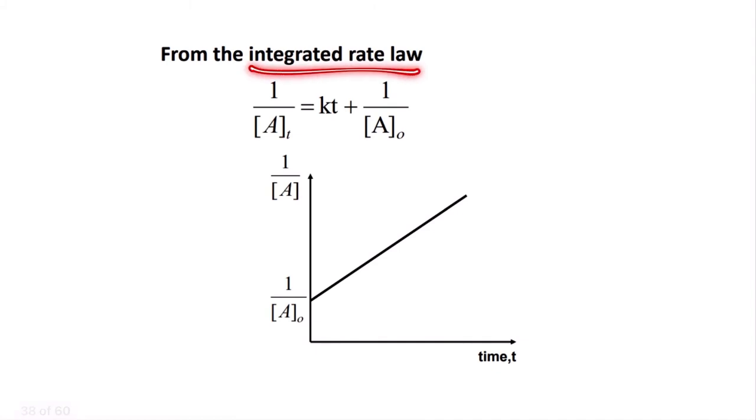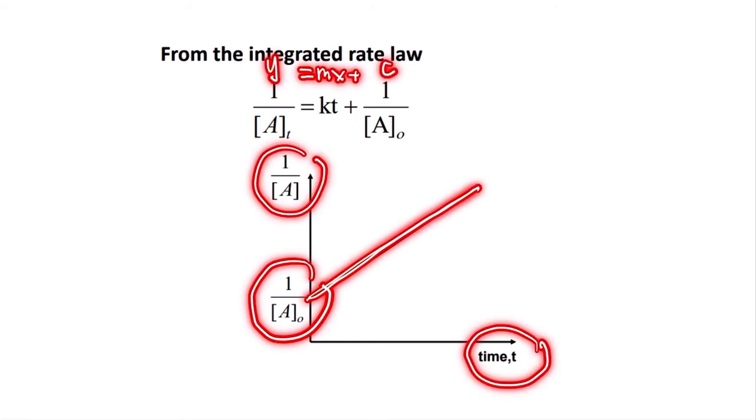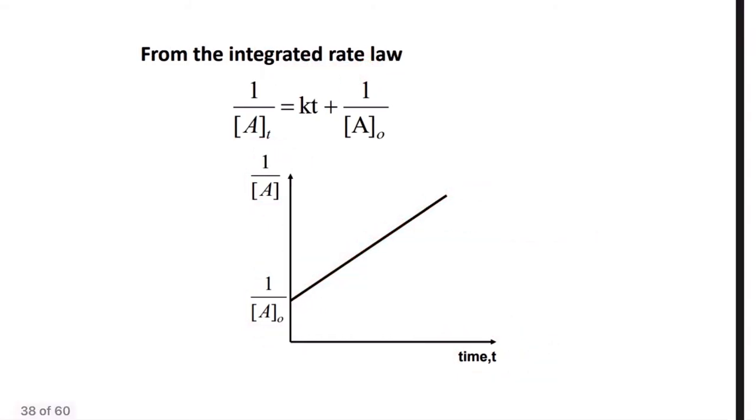So from the integrated rate law, if you use this one, it will be y equals to mx plus c. So this is your y-intercept, this is your y, this is your time. So this one here, your slope, will be your rate constant K.